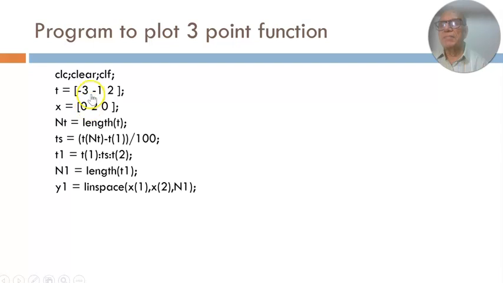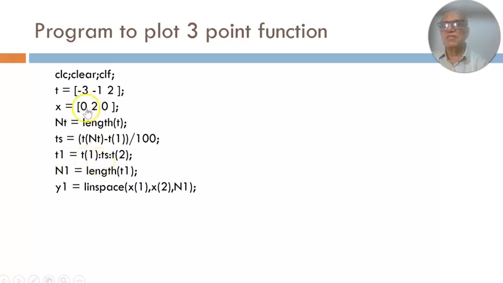Because between -3 and -1 you have one slope and then the slope changes. That is why you want the equation for the first line. So you go from t1 to t2 with an increment of ts. Okay. So here you have essentially generated all intermediate points for the time vector.